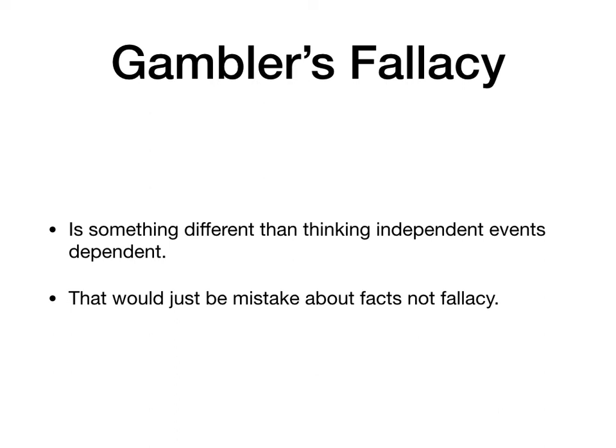The gambler's fallacy, in a very deep way, involves thinking, almost believing in a contradiction. So let me give you guys an example of the gambler's fallacy. And this is one that I keep falling prey to myself.